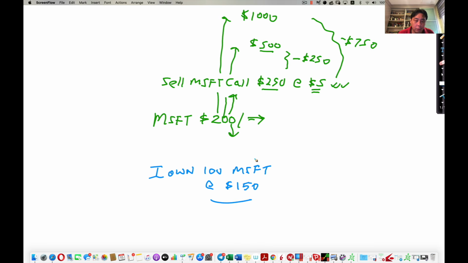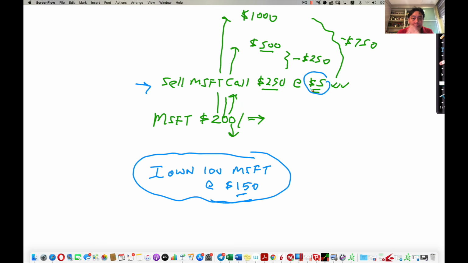Okay? So if I own 100 shares of Microsoft and I then sell this call option, then I've got no worries. Why? Because I sell this call option, I collect $5. If Microsoft stays below $250, I will get to keep the $5 and these options will expire worthless. I'm no longer obligated.